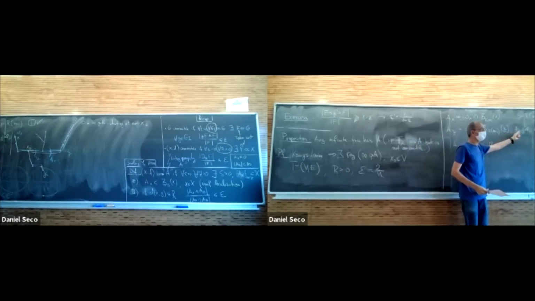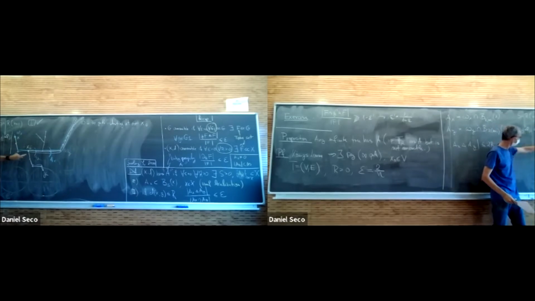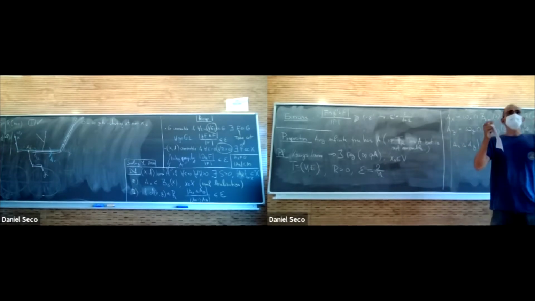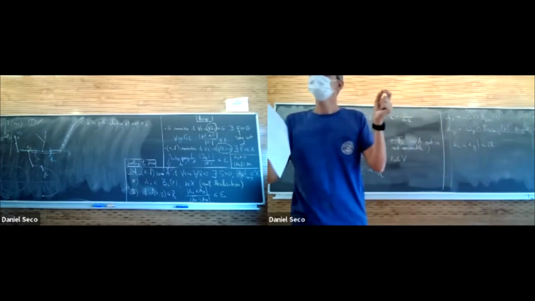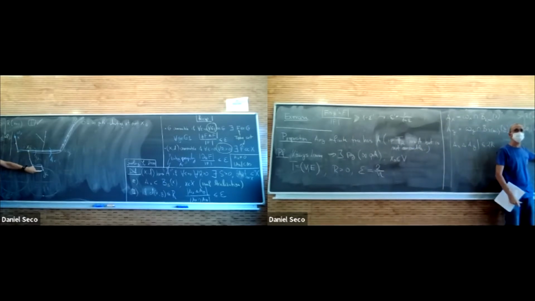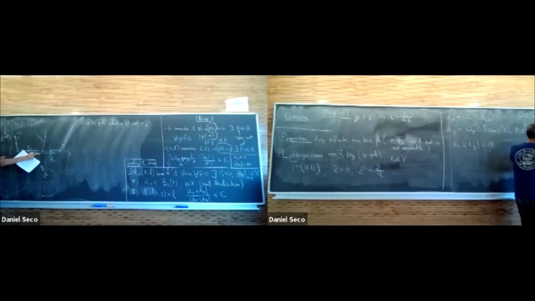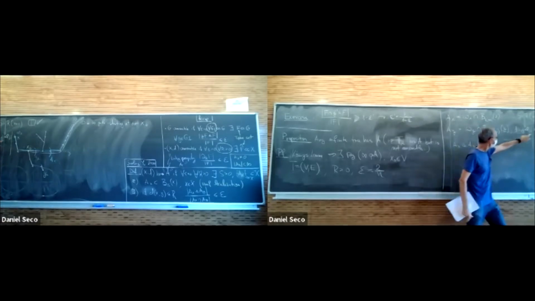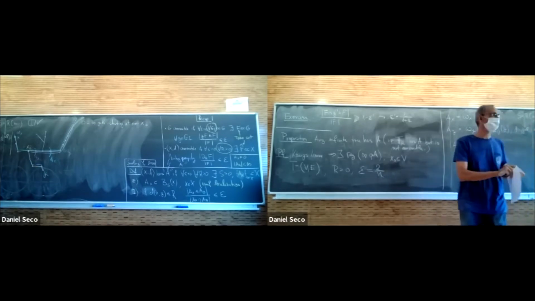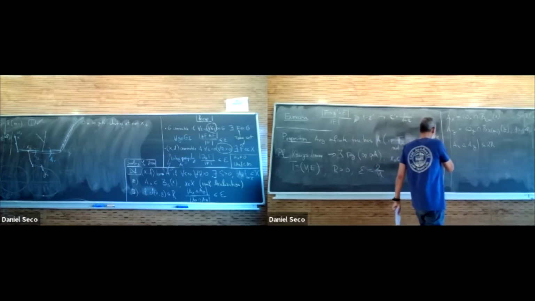Because the distance between X and Y is smaller than R. So the worst that can happen is that the distance from here to here is 2R. Otherwise, you have some kind of joint piece of the path inside the common infinite ray omega. So the distance from here to here cannot be bigger than 2R in any case. So you have a uniform bound. What happens to the intersection?